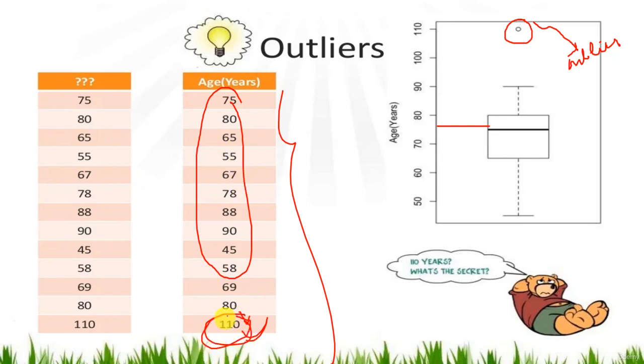That age is quite high and well beyond 75. So that means this is an outlier.